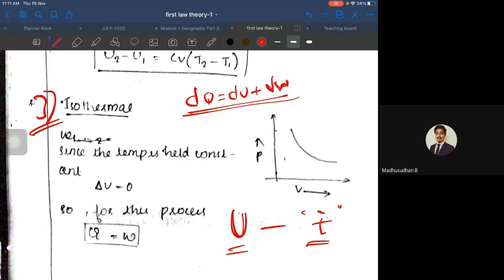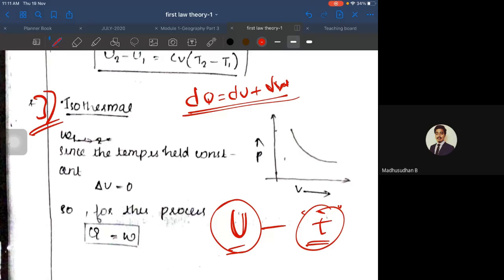What is the strange thing about internal energy and the temperature, the relation between these two parameters? Directly proportional. Internal energy is directly proportional to temperature.